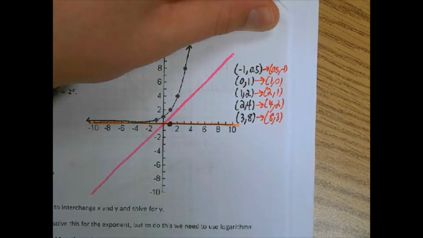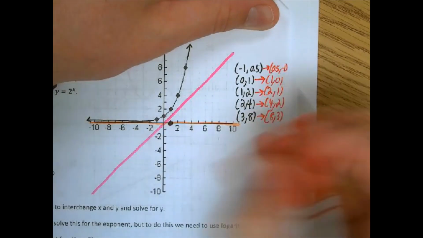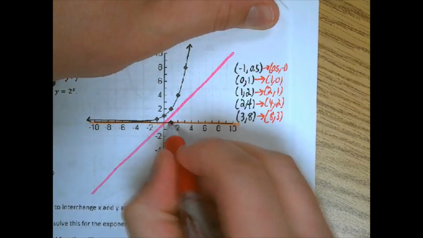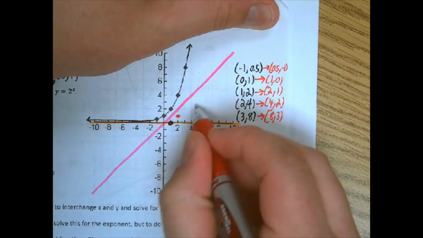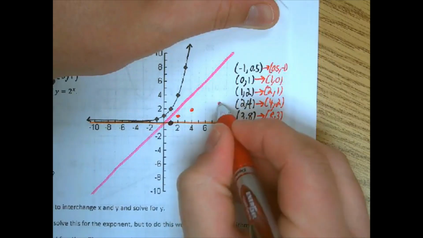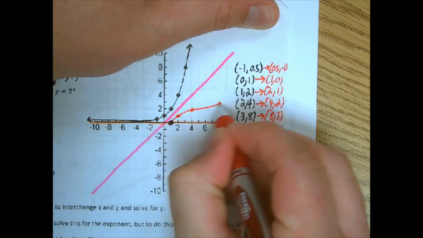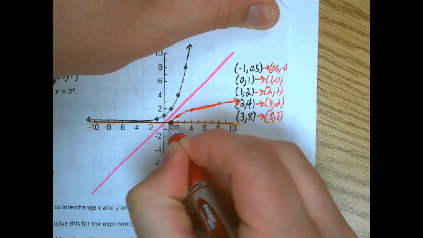So these new points, if I take the points that I have in red and plot them: (1, 0) is here, (2, 1) is here, (4, 2), (8, 3). You can see that the log function reflects right over that line, y equals x.